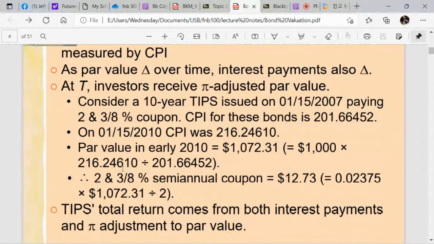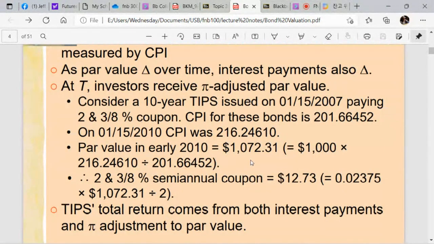if you take the ratio, if you divide the CPI of 2010 by the CPI of 2007, the ratio between the two will come to 1.07231. Then you multiply it by 1,000, and of course it comes to 1,072.